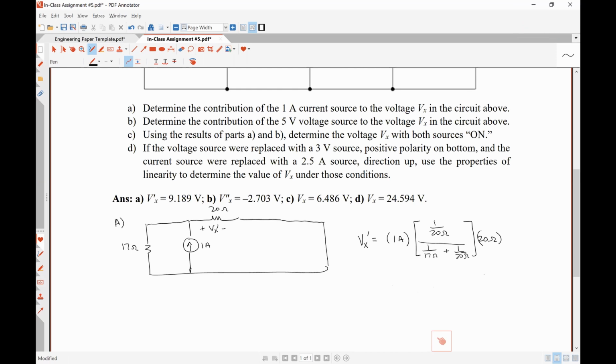Yep. So I use current division and then I use Ohm's law. That is actually the exact same thing we would get if we multiplied our 1 amp of current times 1 over 17 plus 1 over 20. So effectively multiplying the current by the equivalent resistance or doing current division and then multiplying by the resistance gives us the same result.